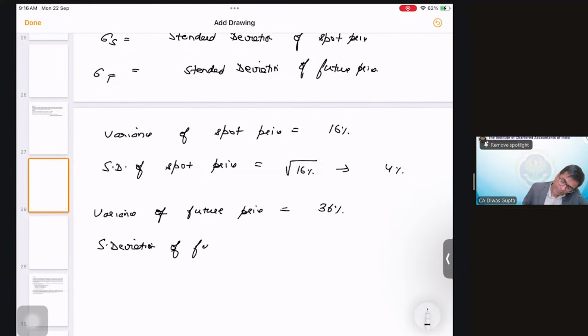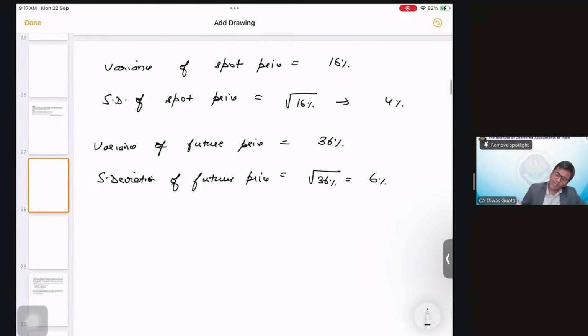The standard deviation of futures price is the square root of 36, which is 6%. Clear? So this was one of the tricky parts in the question: to calculate the optimal hedge ratio, you need to know the standard deviation of both and the correlation coefficient of both.